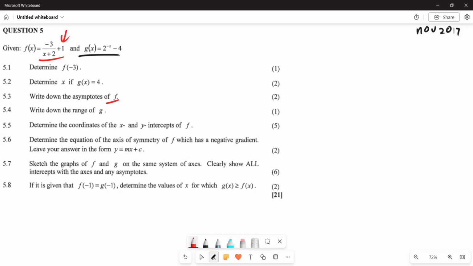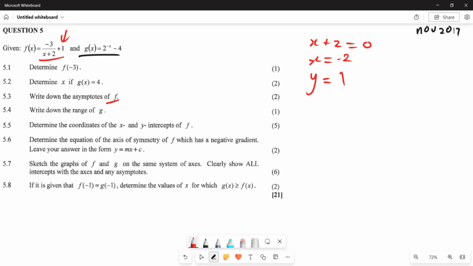So your x asymptote is going to be x plus 2 is equal to 0. You equate this to 0, then your x is going to be -2. And your y, you just write it the way it is. Your y is always going to be 1.